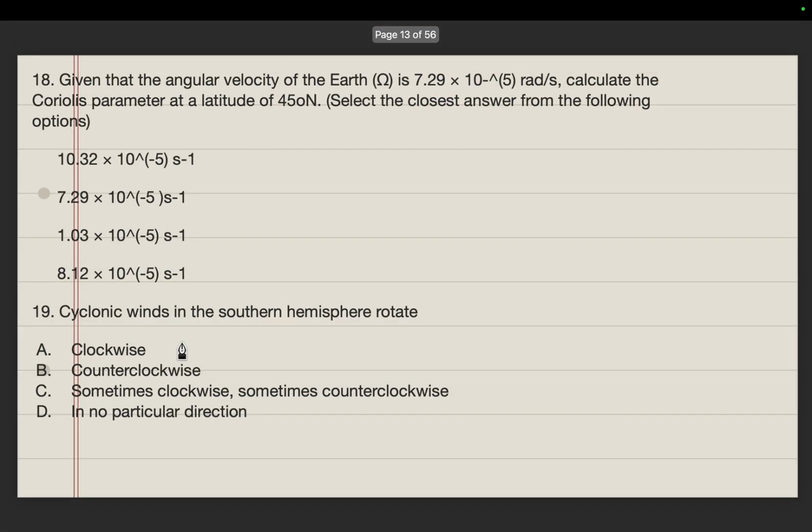Now question 18. Given the angular velocity of the Earth is 7.29 times 10 to the power minus 5 radian per second, calculate the Coriolis parameter at the latitude of 25 degree north.